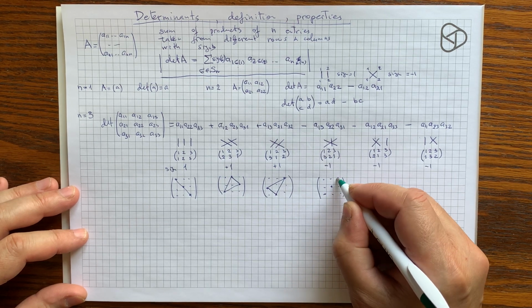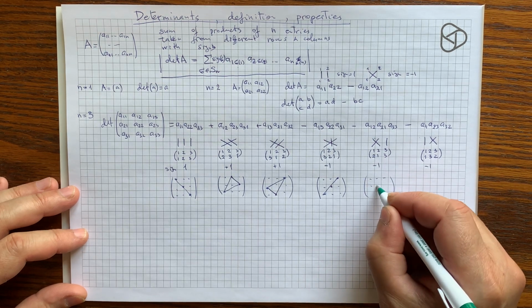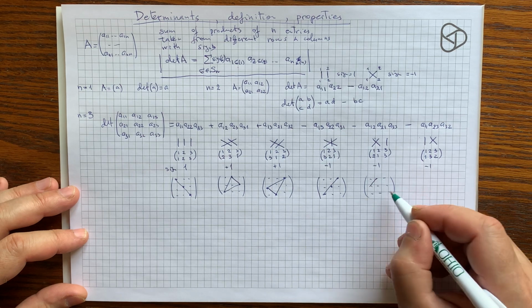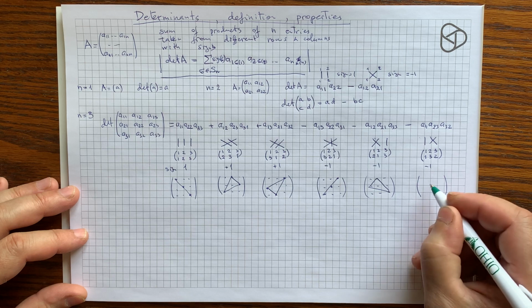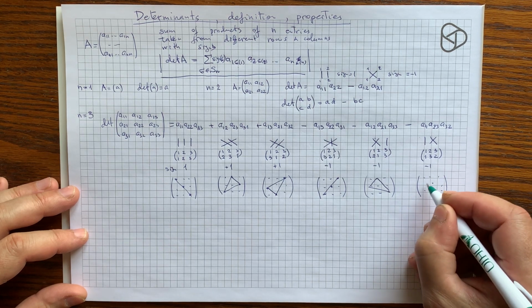the anti-diagonal, and here we have the product of these 3, and the last one is symmetric again with respect to the anti-diagonal.